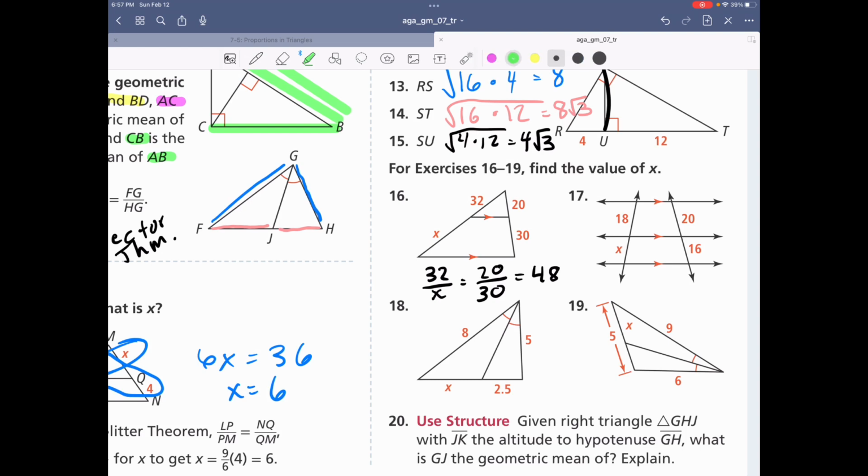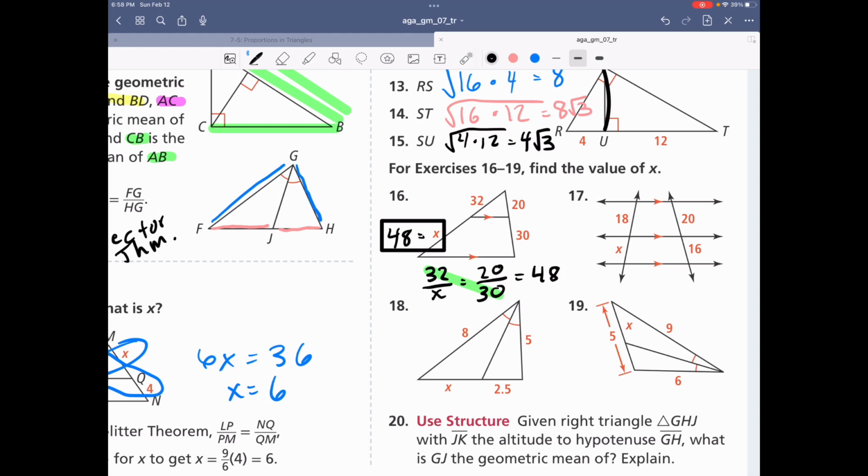So multiply 32 times 30, divide by 20, and you should get 48. And that looks proportionally correct that x would equal 48.